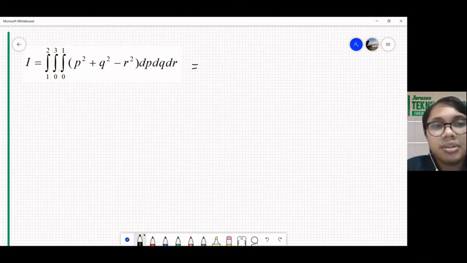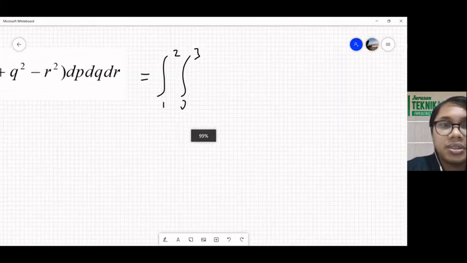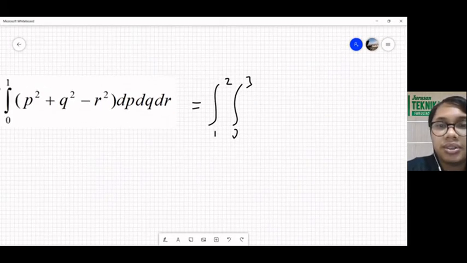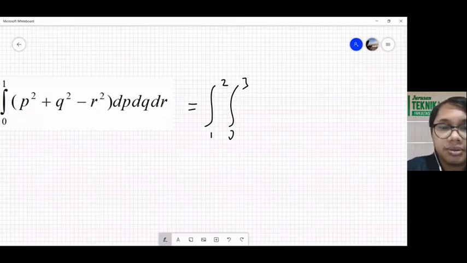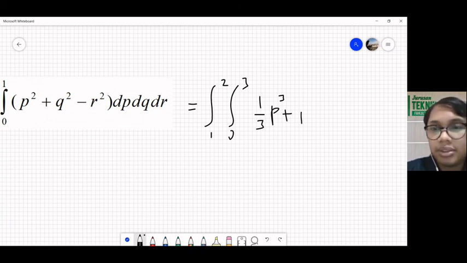Okay, we just integrate the dp part. So yeah, first we rewrite the limit for the integral dq and dr. It becomes 1/3 p power 3 plus, because p square we didn't have any p, so it becomes pq square.